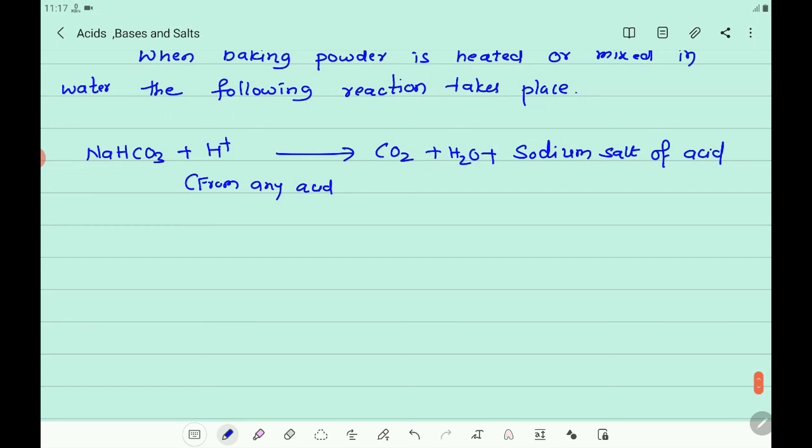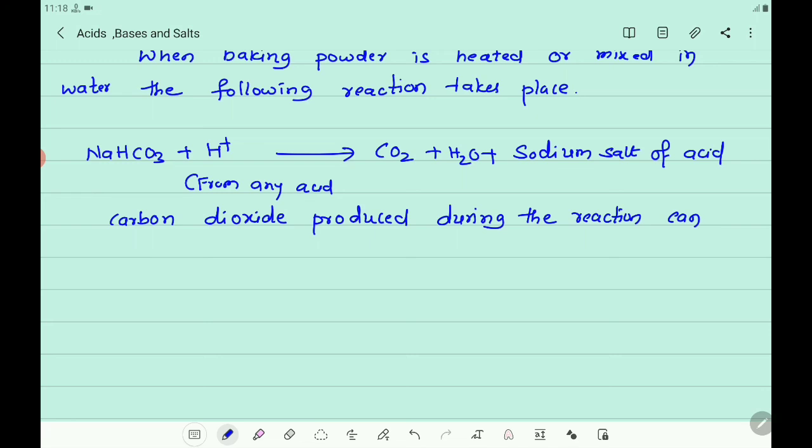Carbon dioxide produced during the reaction can cause bread or cake to rise, making them soft and spongy.